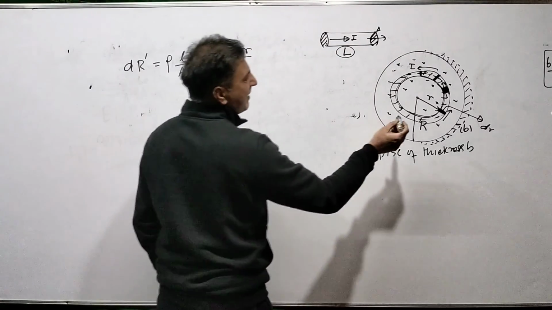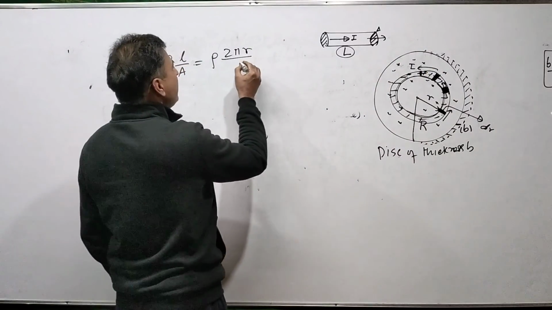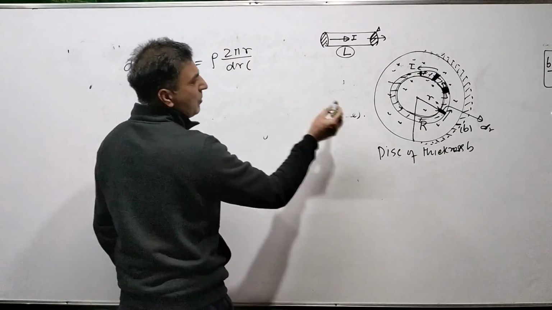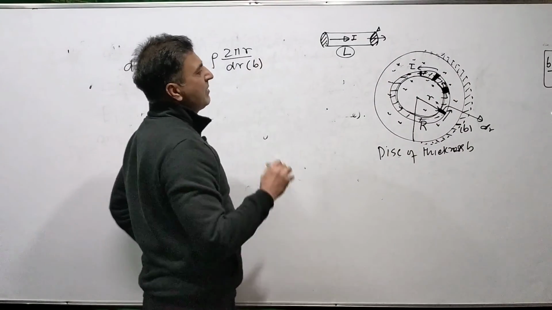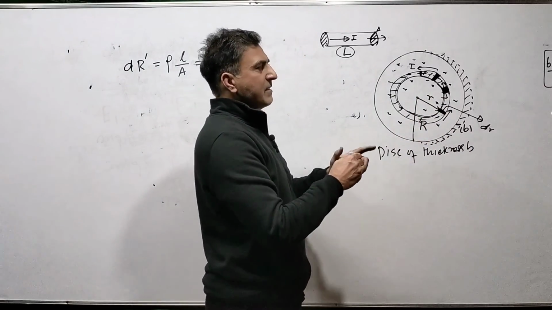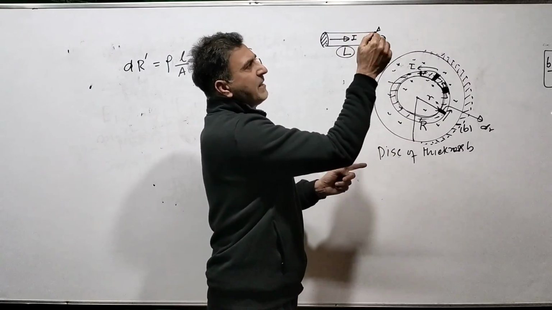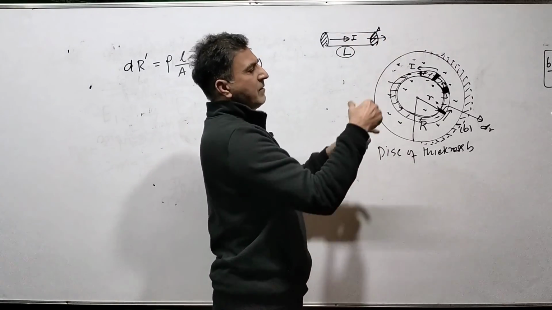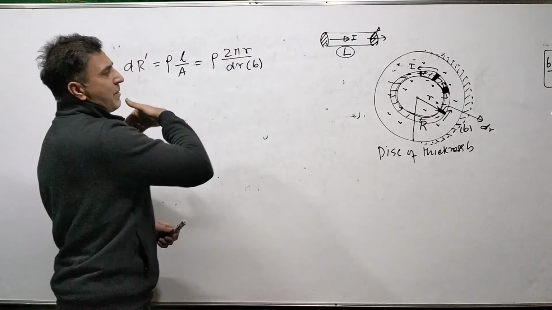And what is the area? It is dr times this b, the thickness, which is inside. This is the plate, so the thickness is inward. That thickness and this dr is the area of cross section through which the current passes.